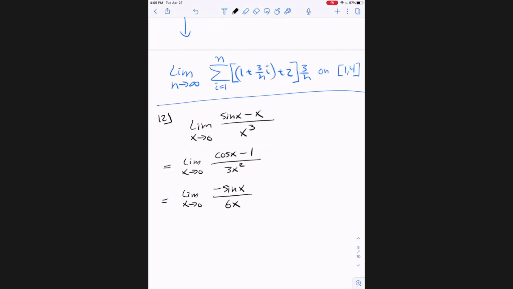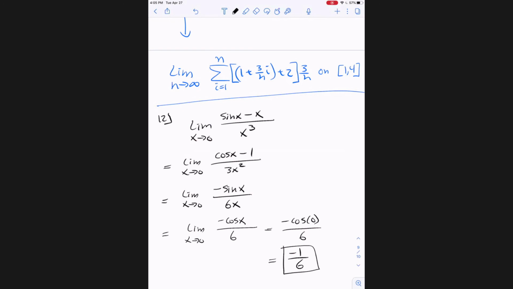This time, if I plug in 0, I'm going to get 0 over 0. So again, L'Hopital's rule. It's not always the case you use it this many times, but this is the example that I gave you. All right, this time it's going to be over 6, so we're not going to get 0 over 0. So if I were to plug it in, I'll get negative cosine of 0 over 6. So that's cosine of 0 is 1. So negative 1/6 is the answer.